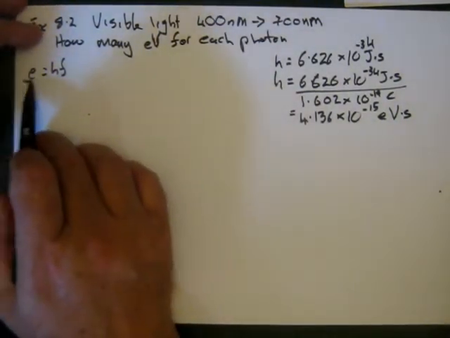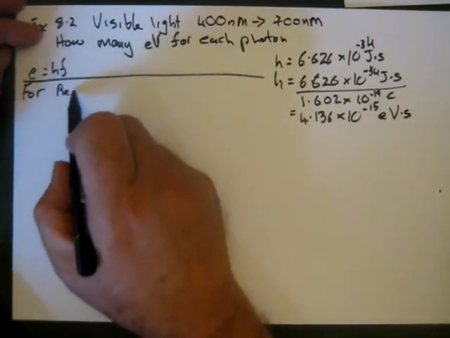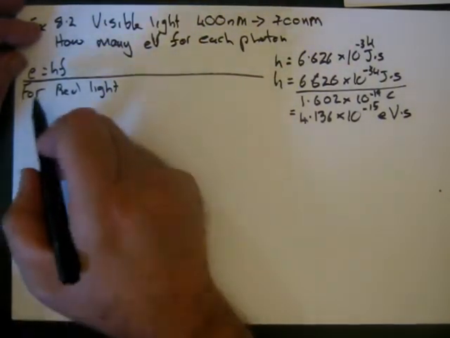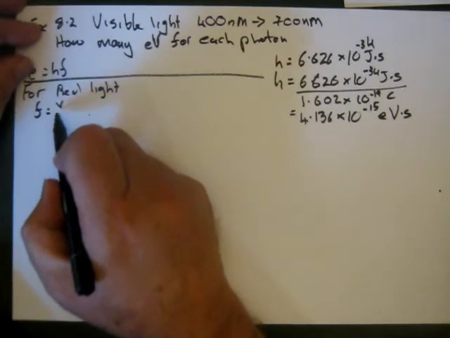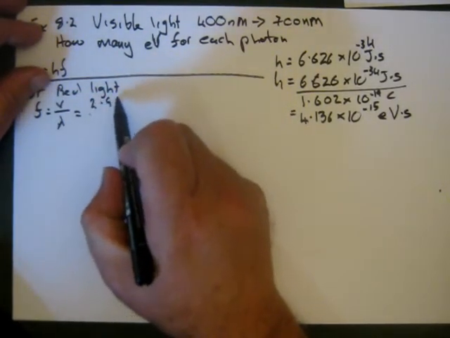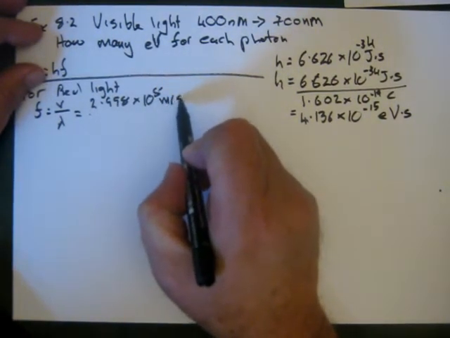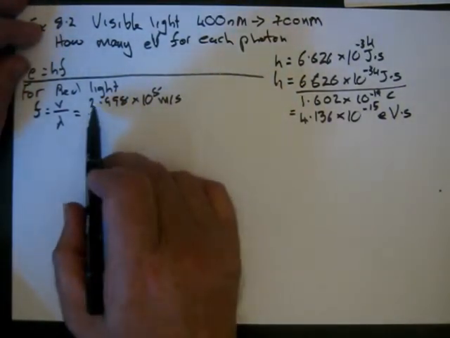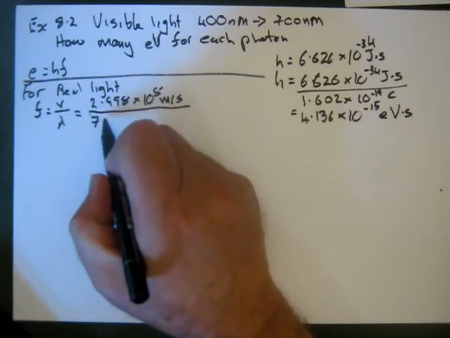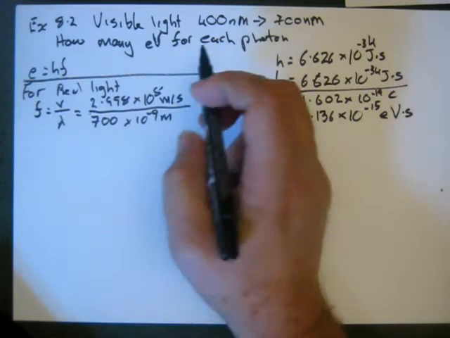And so the next question is, what's the frequency? So for red light, the first thing we have to do is work out what the frequency is. Frequency is going to equal the velocity over lambda. Velocity for light is 2.998 times 10 to the 8 meters per second. That's the speed of light in a vacuum. Divided by the wavelength of the red light, which is 700 nanometers, so that's 700 times 10 to the negative 9 meters.